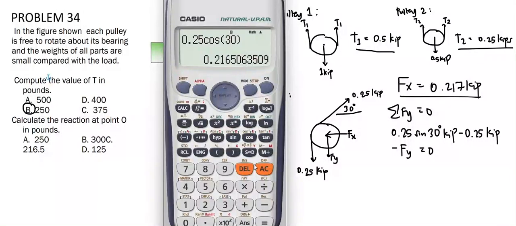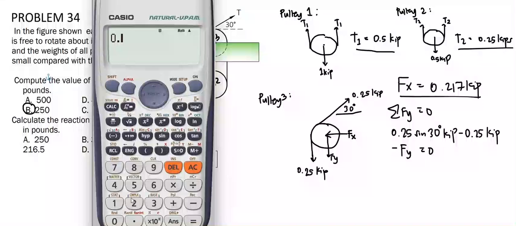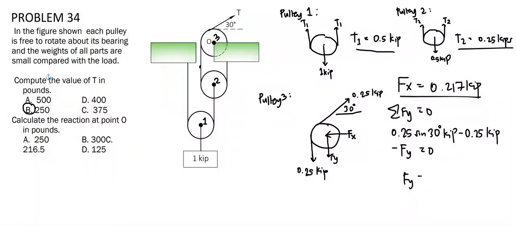So we have 0.25 sine of 30 degrees minus 0.25 minus Fy equal to 0. Solving, we get Fy equal to negative 0.125 kips. And the negative sign indicates that our assumption for the direction of Fy is incorrect. Therefore, Fy should be going upwards. So we have the values for Fy and Fx.